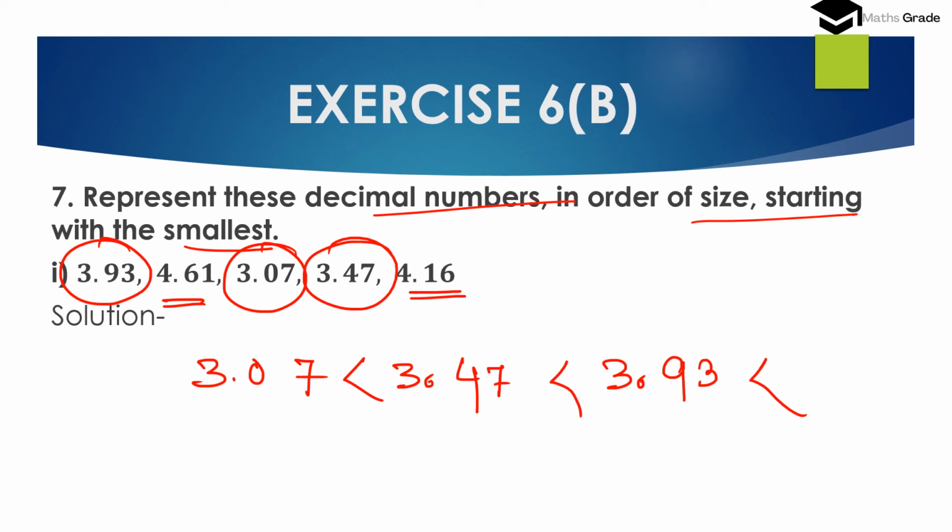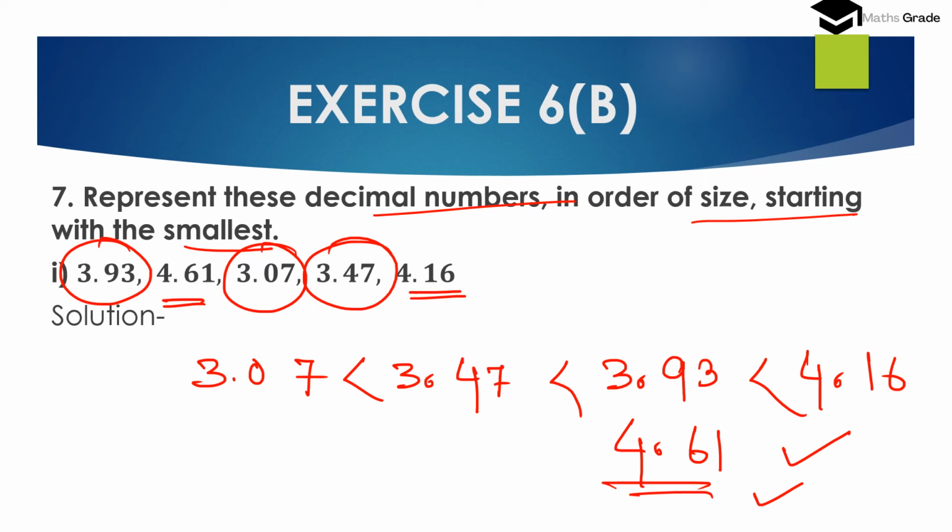So 4.16, 1 is smaller, so next 6 is the larger digit, so 4.61. So the smallest decimal is 3.07 and the largest decimal is 4.61.